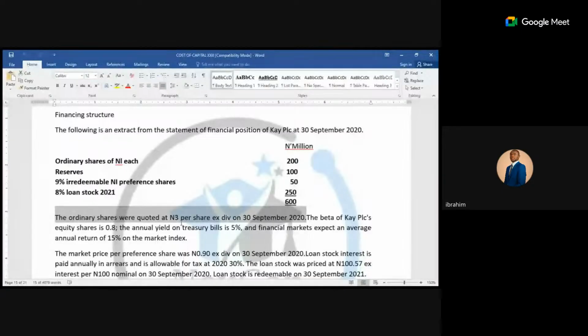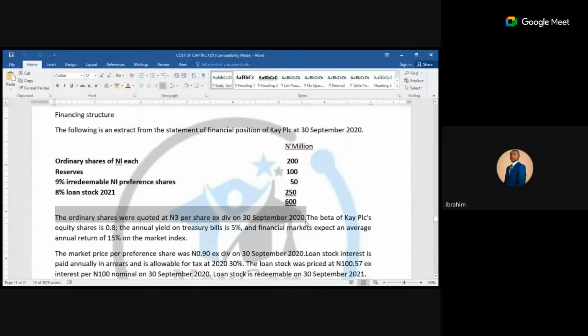That is what is being quoted under the ordinary shares, it was quoted in the market. So you already have a market price as div. It means that the dividend has been paid.